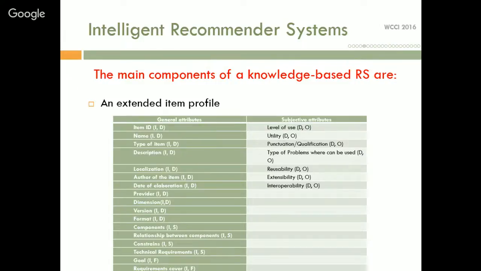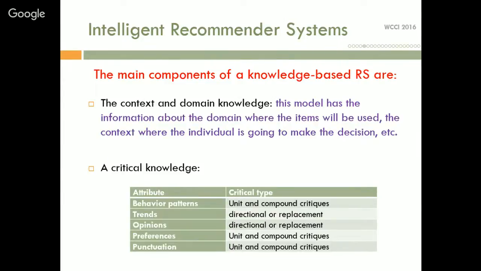And we need to define some concepts specific to the domain. For example, if we are in the learning environment, we have specific concepts to describe, for example, one smart classroom, the components of one smart classroom.